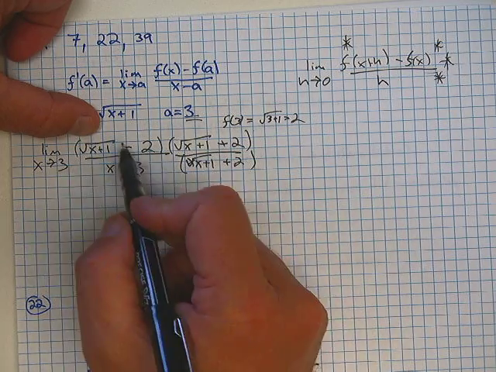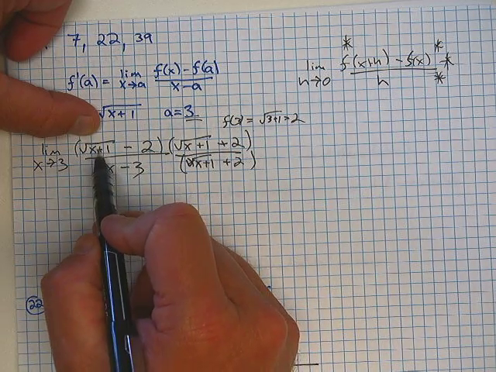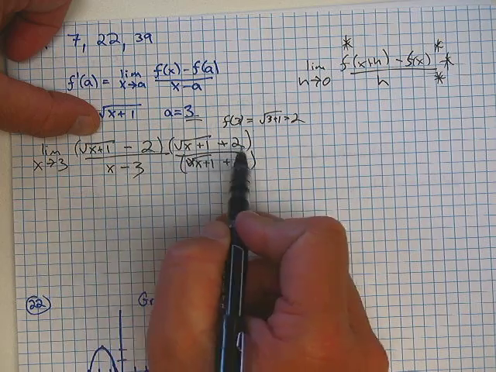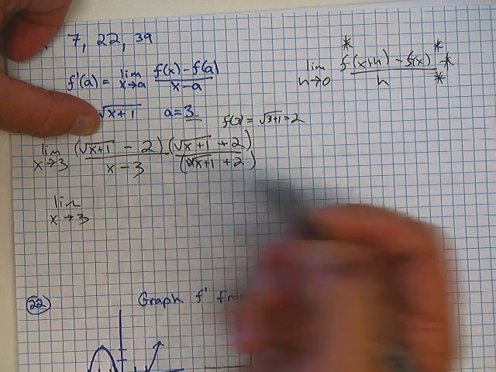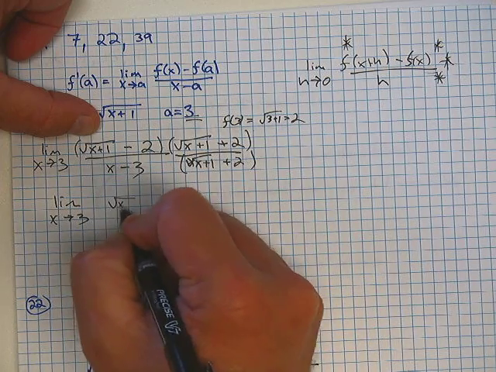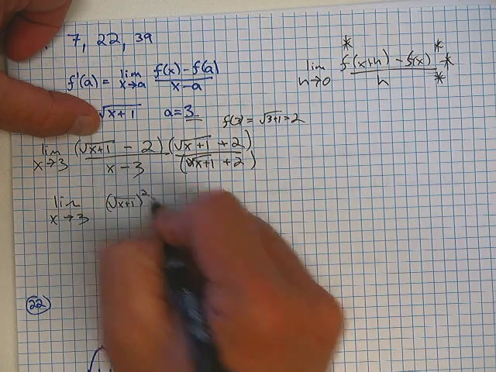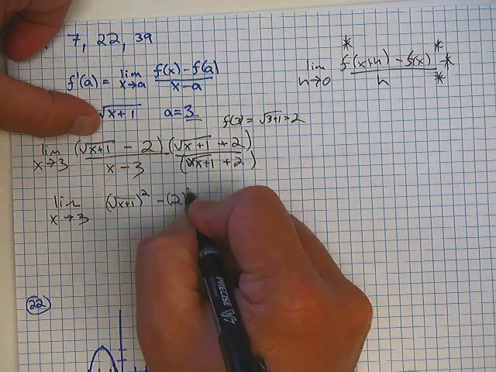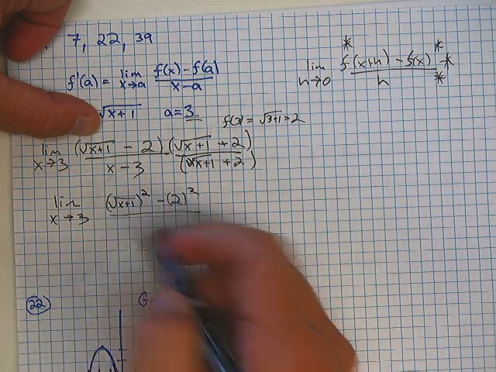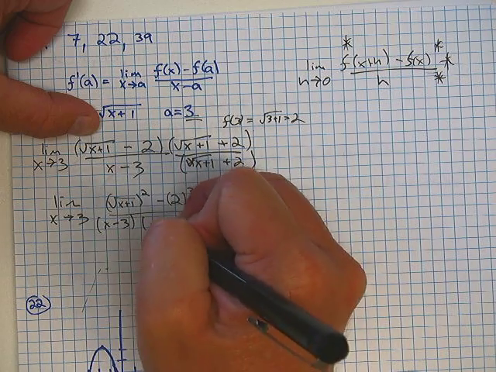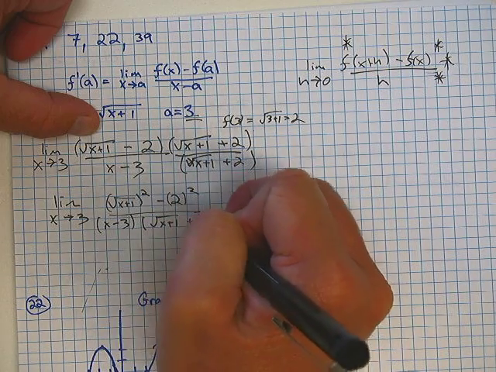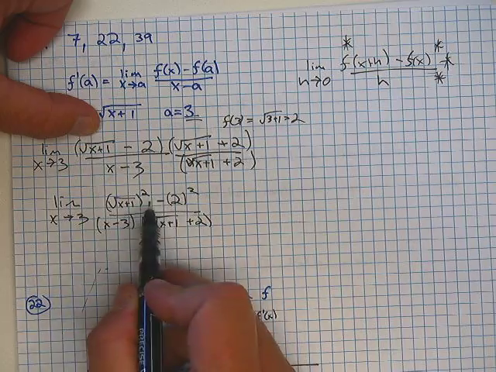We're not going to multiply the bottom through, but we are going to multiply the top, and this happens to be difference of squares, a minus b times a plus b. So this becomes the limit as x approaches 3. I'm going to write it out for you. We got square root of x plus 1 squared minus 2 squared, divided by x minus 3 times square root of x plus 1 plus 2.